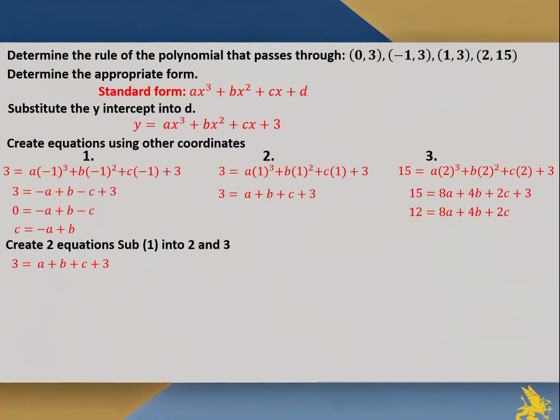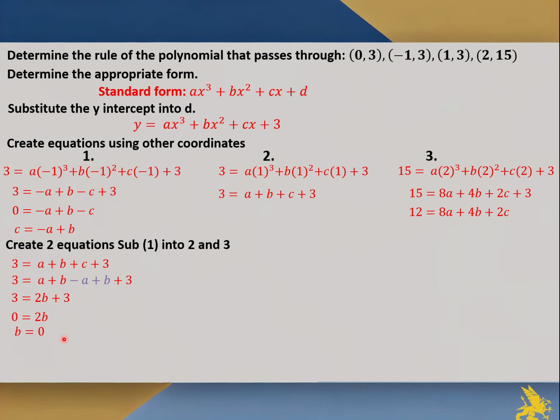I'm going to grab what c is worth, which is negative a plus b, and I will substitute that in. I can simplify this. a take away a is cancelled, and b plus b is 2b. If I get b by itself, I take away 3. Now this straight away tells me that b has to be 0.